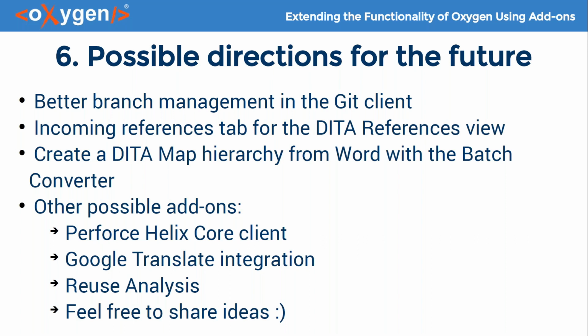And secondly, we have ideas for new add-ons. For example, we had a request from someone for a client for Perforce Helix Core. Helix Core is a versioning system, and someone wanted us to possibly have some new side view in Oxygen that works as a client for Helix Core.